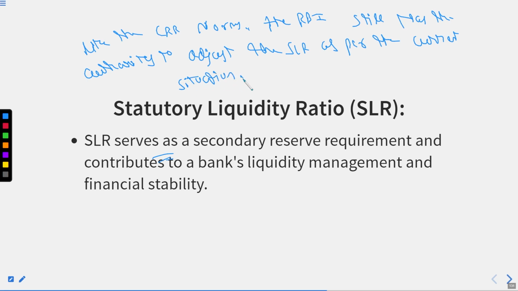It means that like the CRR, the SLR percentage could be increased or decreased by the RBI as per the given condition. During inflation, what will happen? We have to cut the money supply, so we will try to curb the bank's loan capacity. So what we will do? We will increase the SLR.